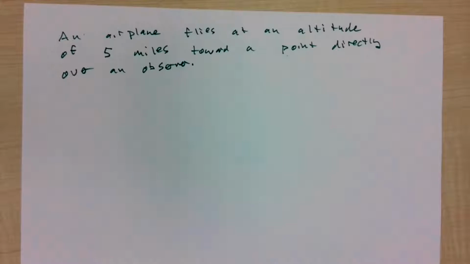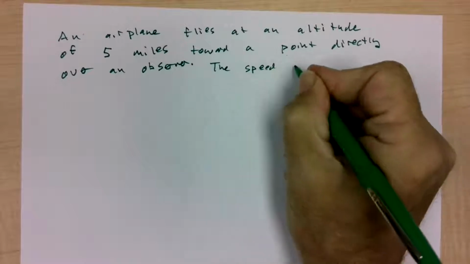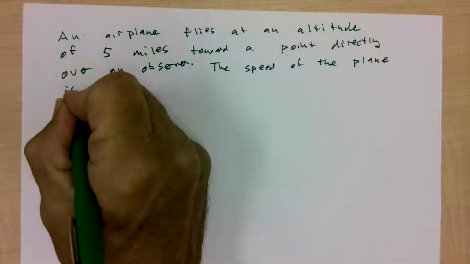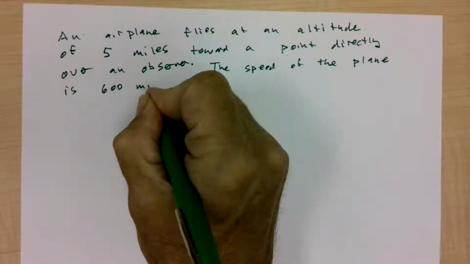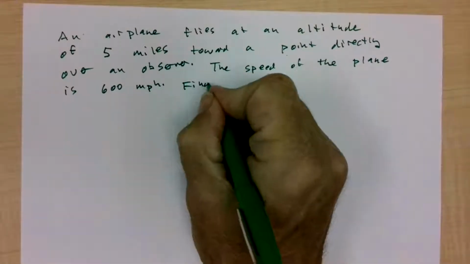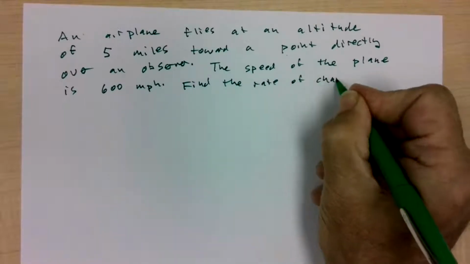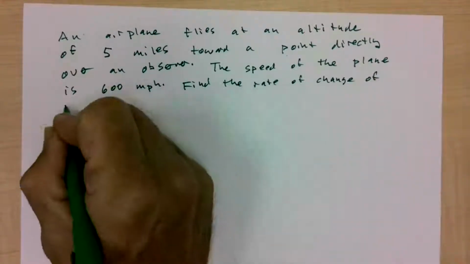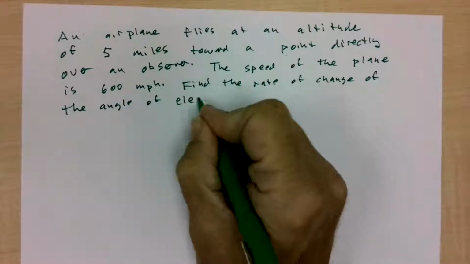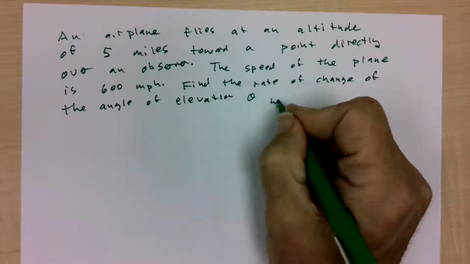The speed of the plane is 600 miles per hour. Find the rate of change of the angle of elevation theta when theta is pi over 6.